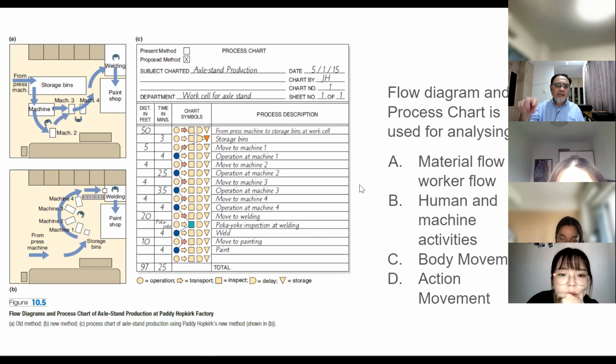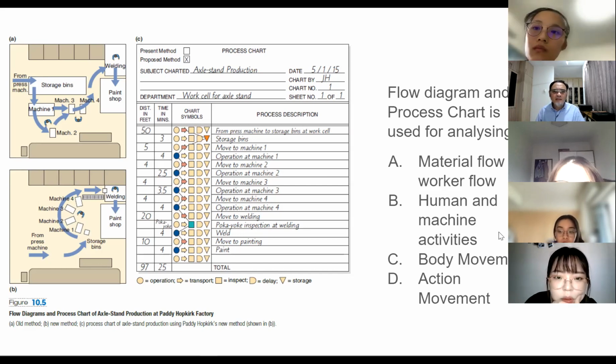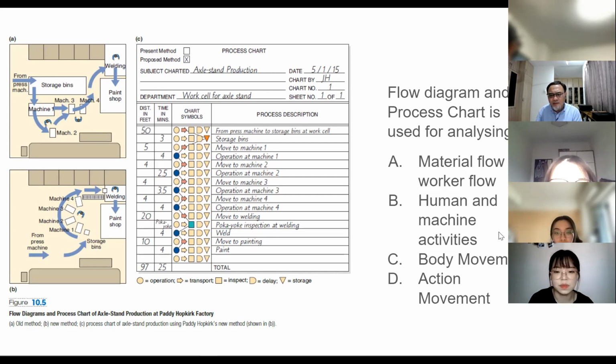In Zoom, there is a chat box, so you can just type A, B, C, or D. Do you see the question in the poll box?